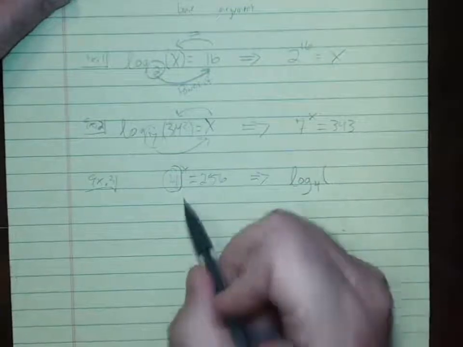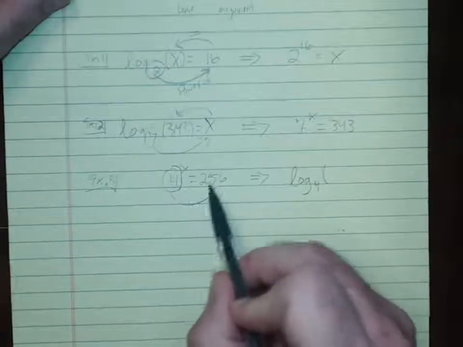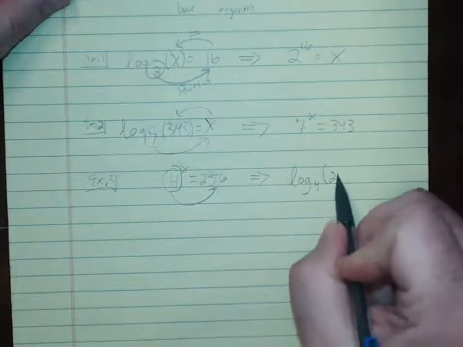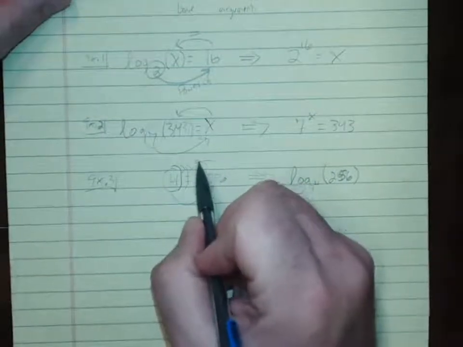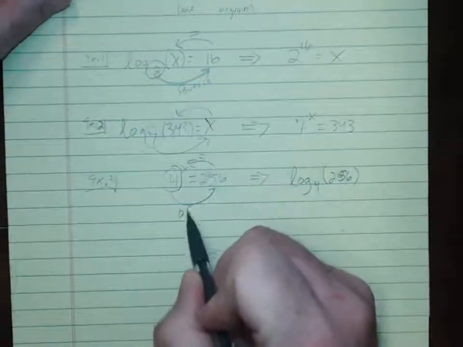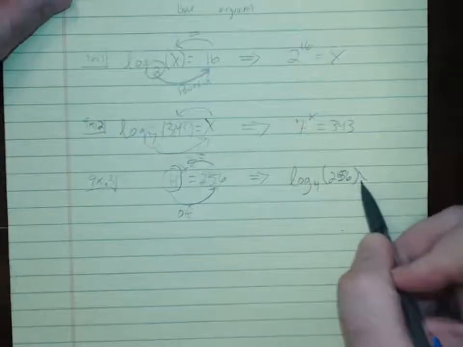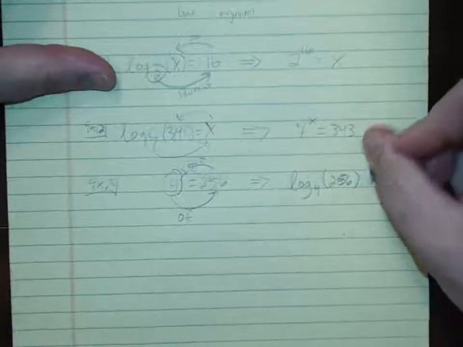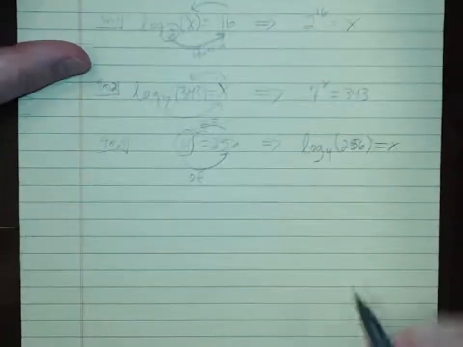I would open parentheses, and then you will take the log base 4 of this number, 256, the argument, and that's equal to x. Whoops, I messed that up. How about equals x? Something like that.